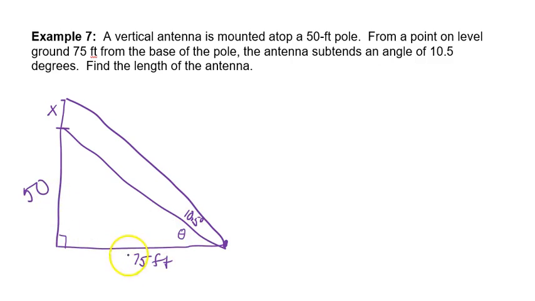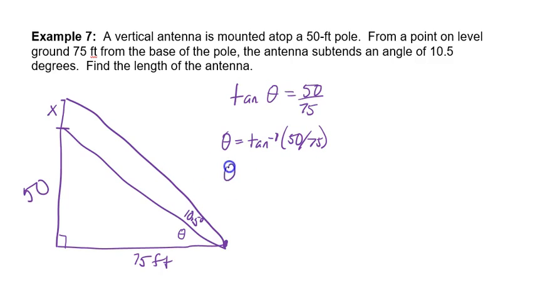So I have the opposite side and the adjacent side, again going to tangent. So tangent theta would be 50 over 75. I'm missing the angle, so theta is tangent inverse 50 over 75. And when I type that in, I get 33.7 degrees. So this angle is 33.7.